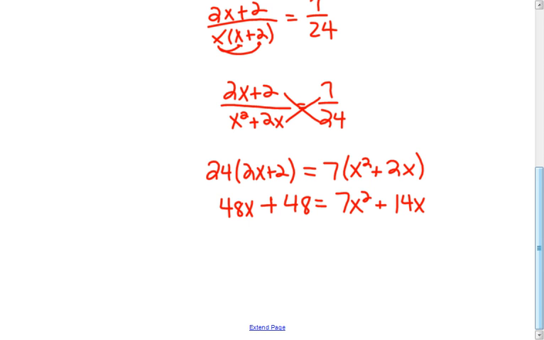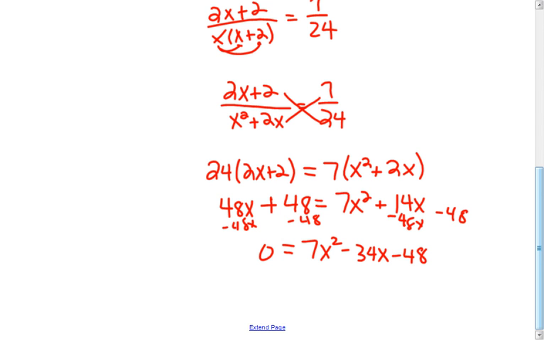Okay, then we will get everything on one side. So I will have 7x squared. I will subtract this 48x minus 14x. Move the 48 over. So I have minus 48 equals 0, of course.